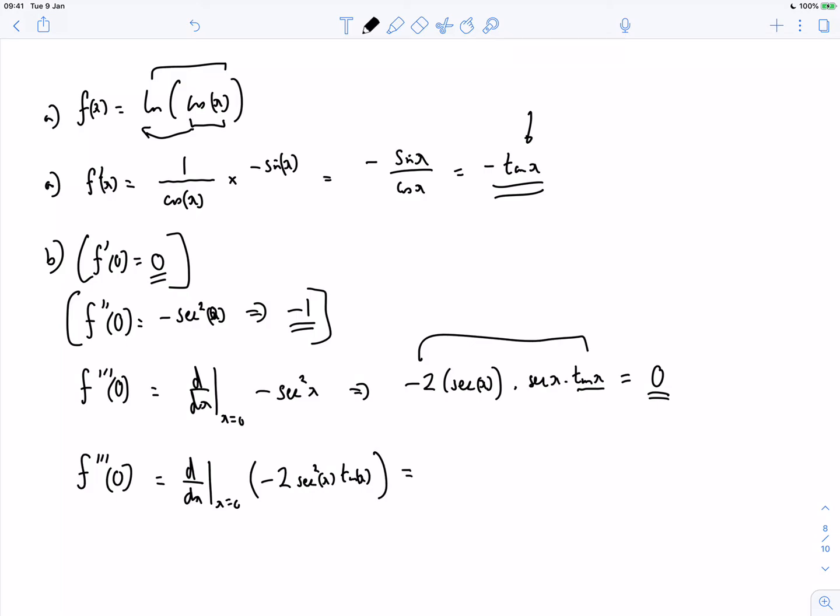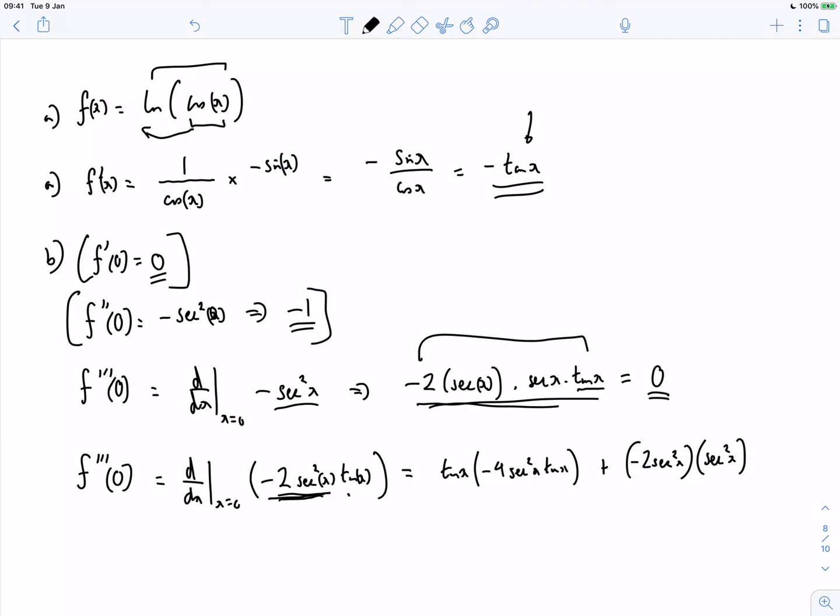Well, minus 2 sec squared is just going to differentiate to this, but doubled, because minus sec squared differentiates to this. So because of the product rule, we're going to differentiate this, leave this alone. So tan of x times the double of this, which is minus 4 sec squared x tan of x, plus, and now we're going to leave the minus 2 sec squared alone, so it's minus 2 sec squared x times tan of x differentiated, which is sec squared of x.